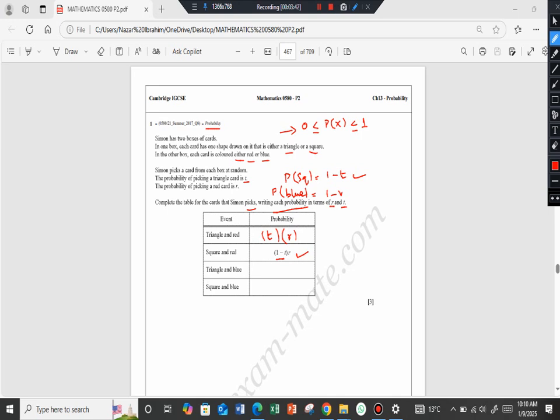Triangle is T and blue is 1 minus R, so T(1 minus R). Square is 1 minus T and blue is 1 minus R, so (1 minus T)(1 minus R). Clear? Okay, let's move to the next question.